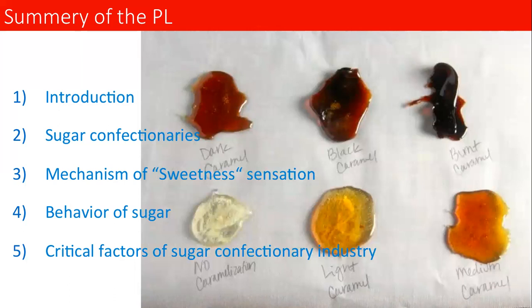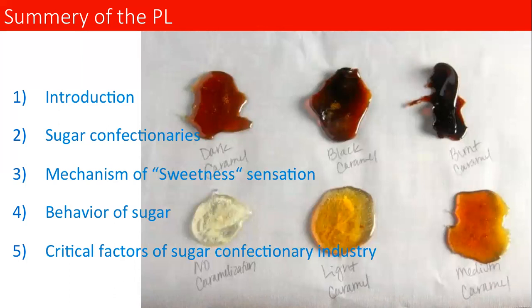You are technologists, so you should be able to do new research activities and new product development with these technologies. That's why sweetness sensation is very important, right? So you all have to read those articles. I have shared two articles with you. You better read these articles and understand the things I have mentioned in these papers, right?